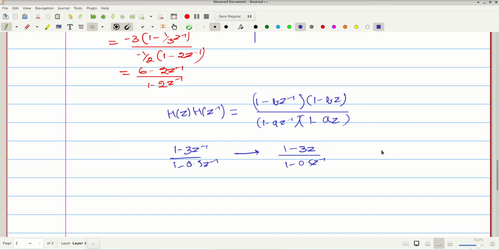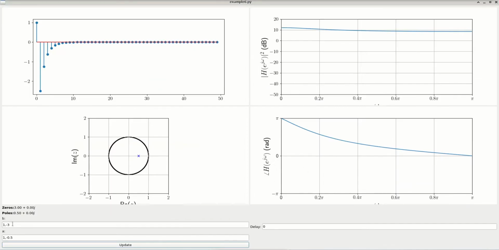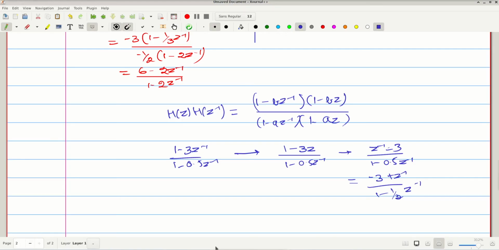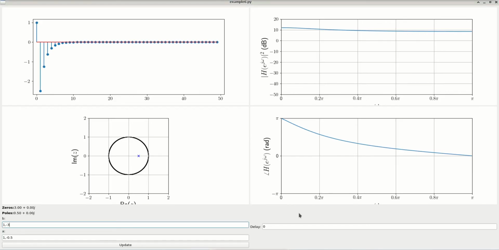So I'm going to add an extra delay. You know the delays don't have magnitude responses. So I'm going to write this as z inverse minus 3 by 1 minus 0.5 z inverse. Now this is equal to minus 3 plus z inverse by 1 minus half z inverse. So let's go back over here. Minus 3 plus z inverse, let's see what happens. Instead of 1 minus 3, it is minus 3 comma 1. Let's see what happens if I swap this.